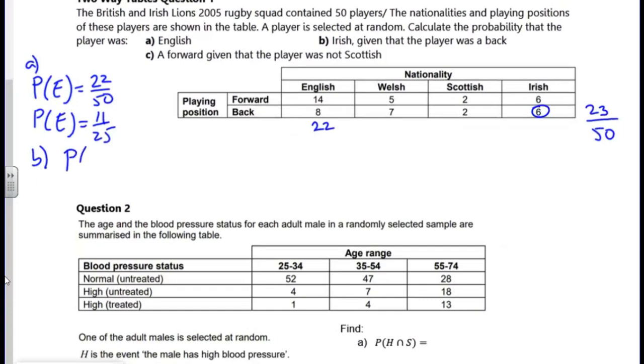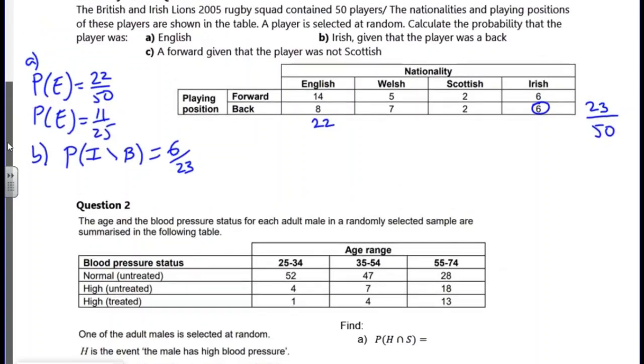So the probability of me choosing an Irish, given that they're taken from the back, will be 6 out of 23. I'm taking it out of the backs. There. So that's part B done.